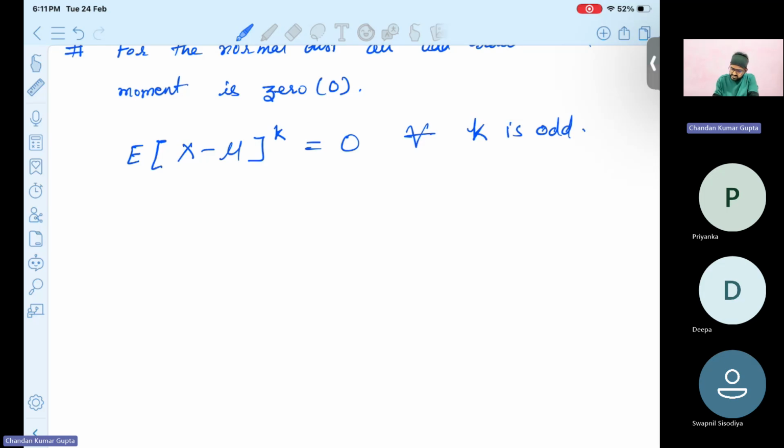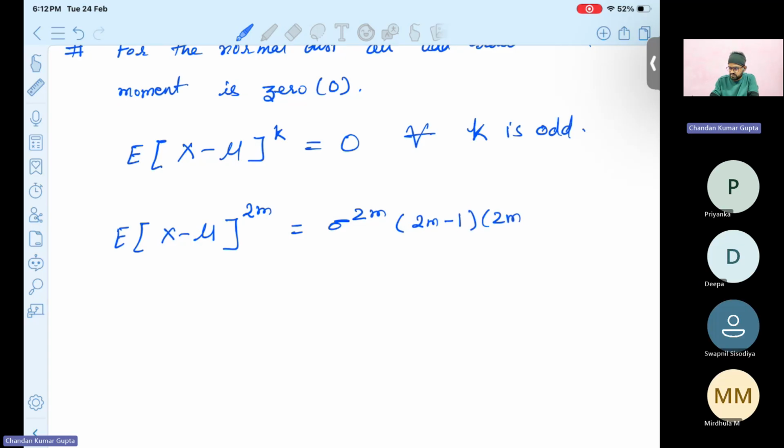And for even order, expected value of (x minus mu) to the power 2m equals sigma to the power 2m, then (2m minus 1), (2m minus 3), down to 3 into 1.